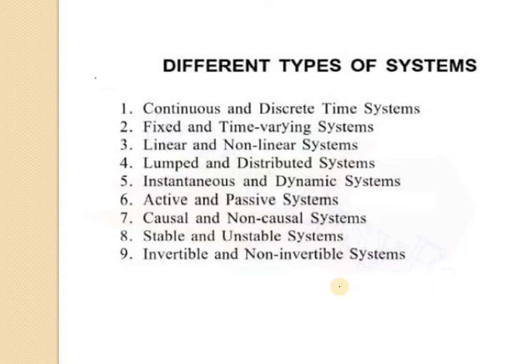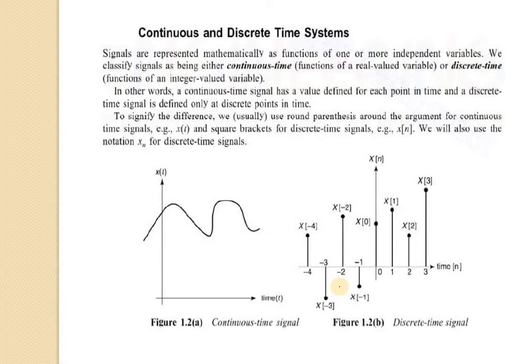There are various types of systems, and I will highlight some important systems among these. So first we will start with continuous and discrete system.